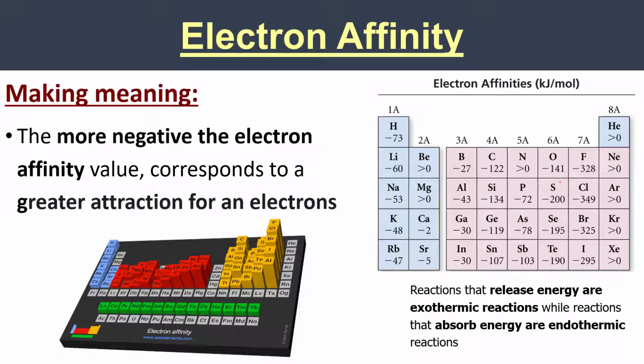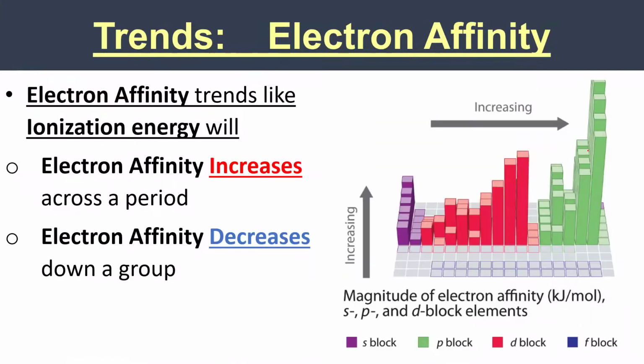So what we'll notice is up at the right-hand corner of the periodic table, we have the largest electron affinities, and at the lower left of the periodic table, we have smaller electron affinities. And that will correspond to what you already know about the periodic table, that metals on the left side of the periodic table here are less likely to gain electrons and more likely to lose, whereas your non-metals up here are more likely to gain electrons and less likely to lose.